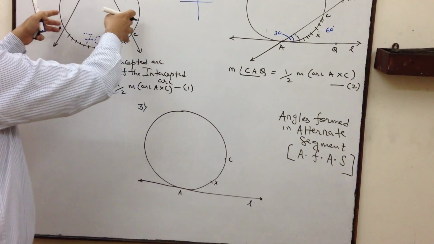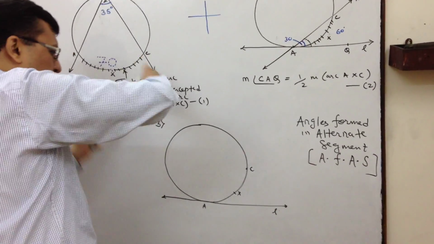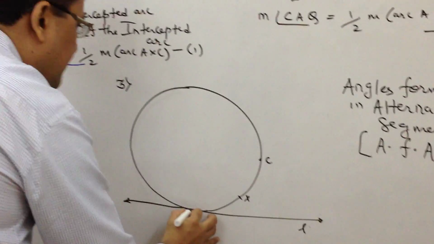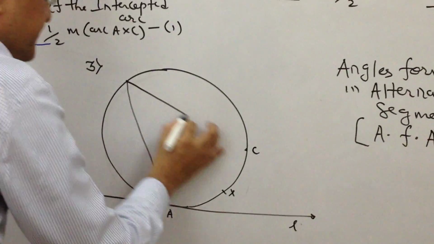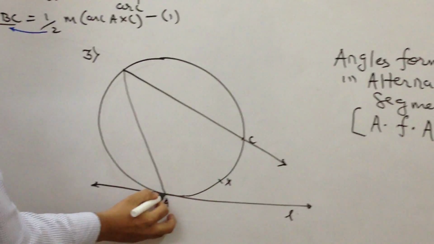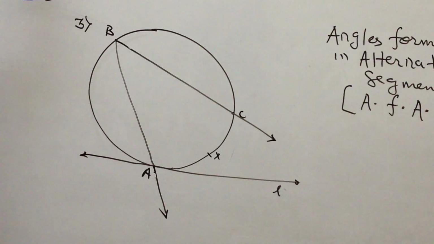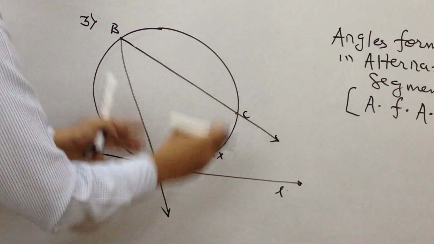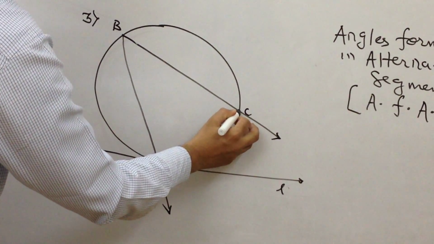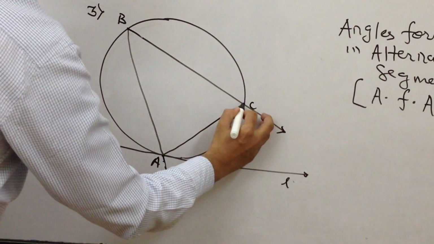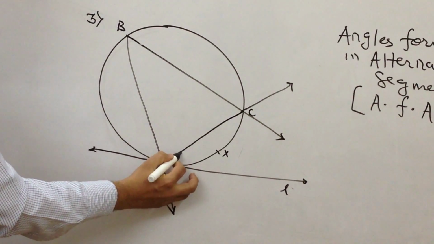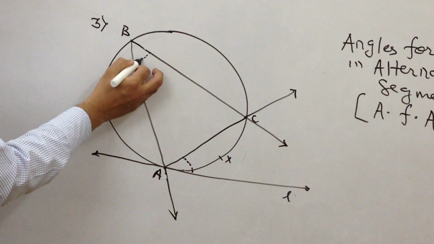I would like to make this inscribed angle absolutely over here. So this is nothing but the inscribed angle as we stated, angle ABC. This is the inscribed angle over here, and this is the tangent secant angle which is being formed.